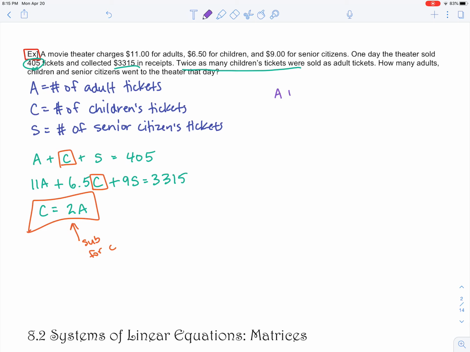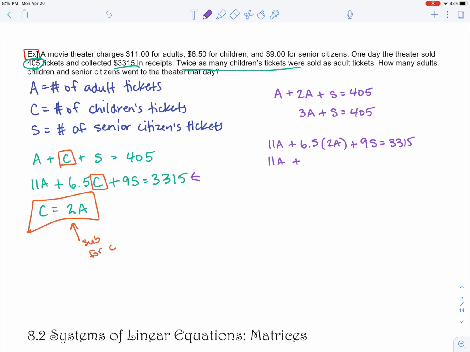So I have A plus 2A plus S equals 405. So that is 3A plus S equals 405. I'll do the same thing for the second equation. 11A plus 6.5 times 2A, replacing C with 2A, plus 9S equals 3,315.